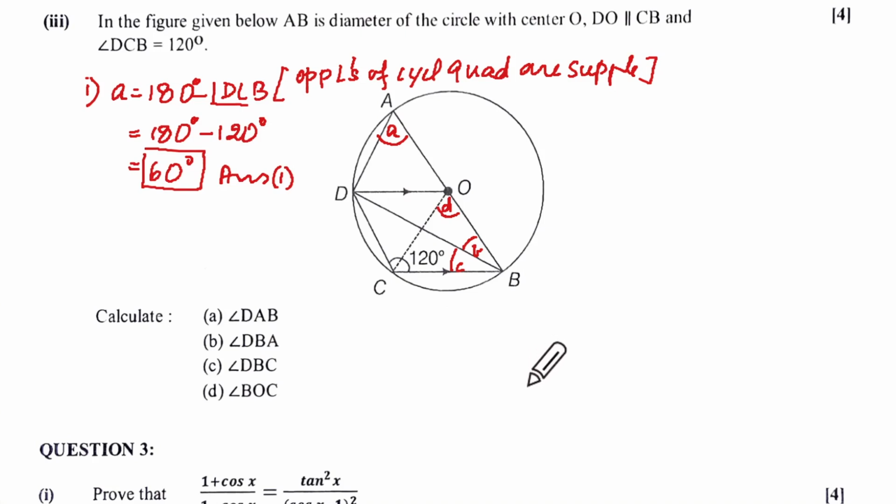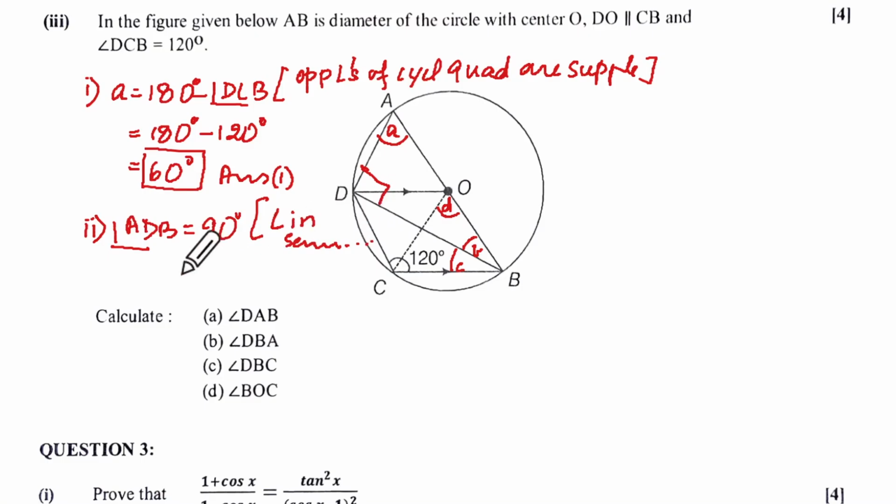Okay, angle DBA, that is this one. Now can you see angle ADB equal to 90 degrees? What will you say? Angle in a semicircle. Then in triangle ADB, A plus 90 degrees plus small b equal to 180 degrees.